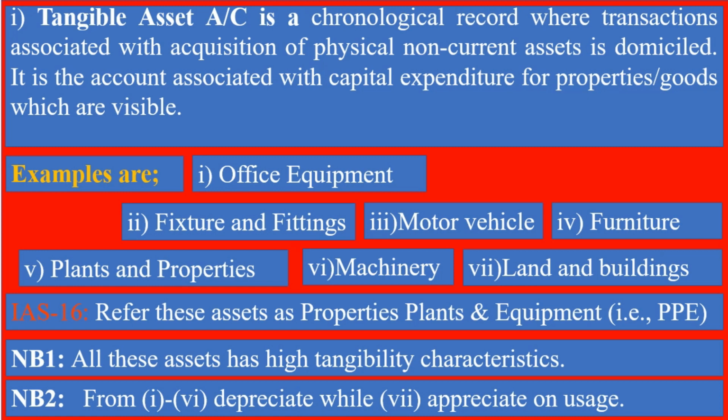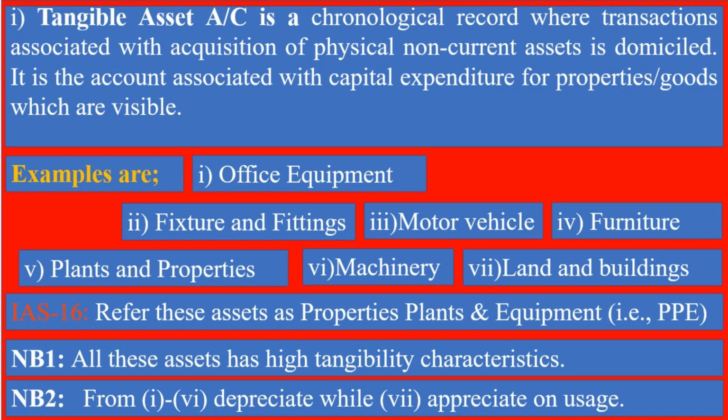Depreciation is actually the loss of economic value of a non-current asset as it is being used over time. On the other hand, Roman 7, that is land and buildings, contrarily appreciate on usage.